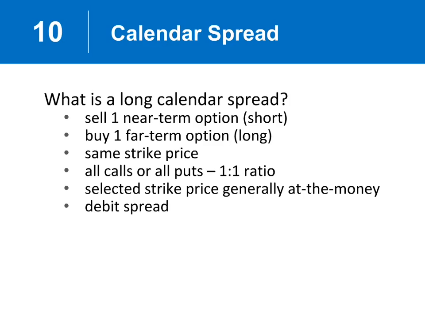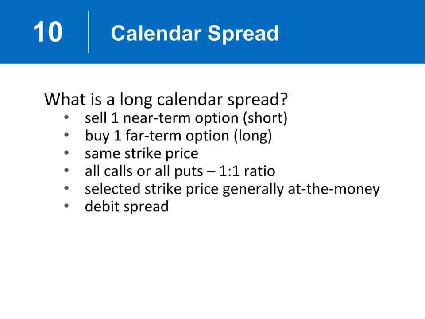Same strike price, as I had mentioned, all calls or all puts, always a 1-to-1 ratio, and we've got that selected strike price generally at the money. We'll talk about how sometimes we can do other strikes as well to accomplish different profit potentials. But generally, when we talk about calendar or time or horizontal spreads, we're generally talking about the at-the-money spread.